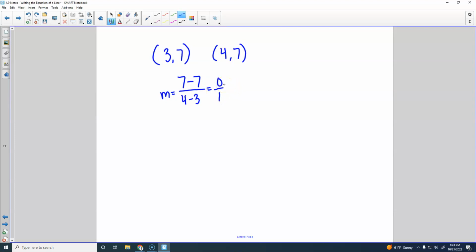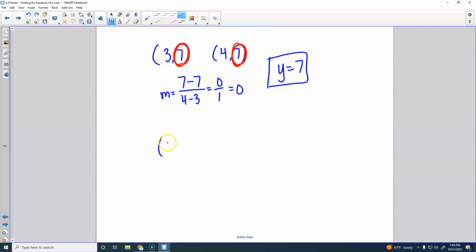What is 0 divided by 1? It is 0. So you actually can do this the right way, but notice this about the points. What do you notice about both of the points? The y's were both 7, right? If you notice that right off, you can just write your equation as y equals 7. Okay? So if you notice that right away, you can just write y equals 7 as your equation.